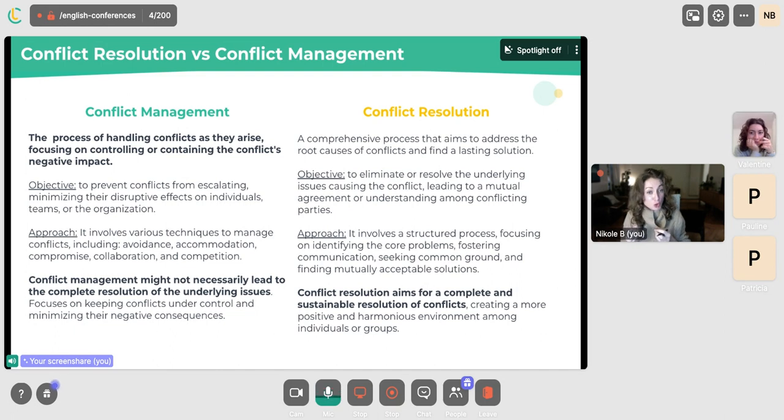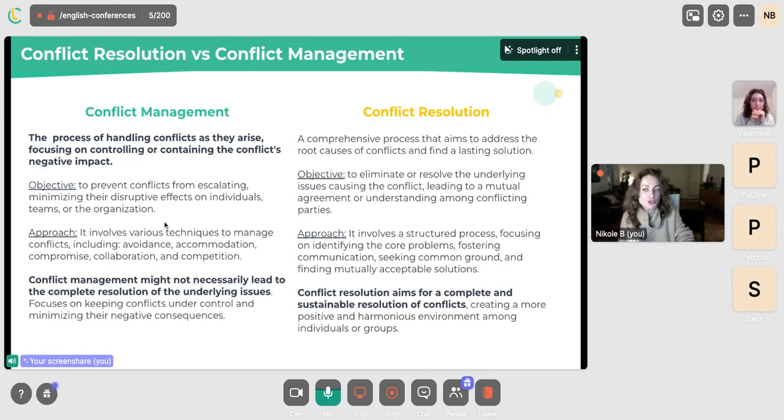Typically, the approach we use to manage conflict deals with different techniques that look very similar to negotiation. Now, we're not going to discuss negotiation in detail in this session, but eventually we'll probably do a conference on negotiation, so you're welcome to join that one.